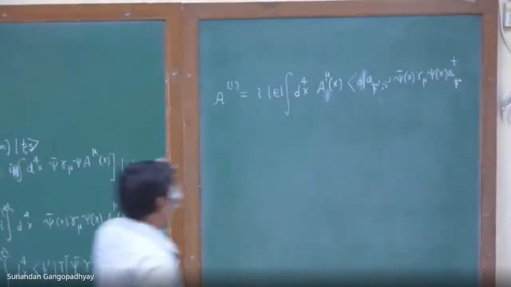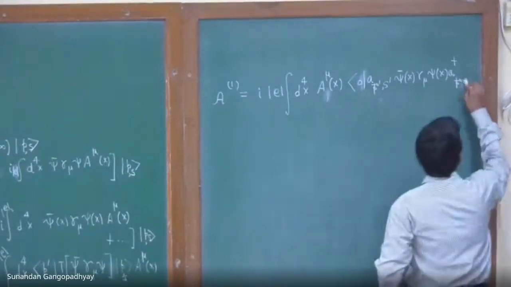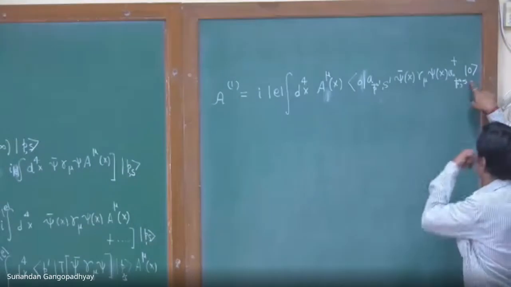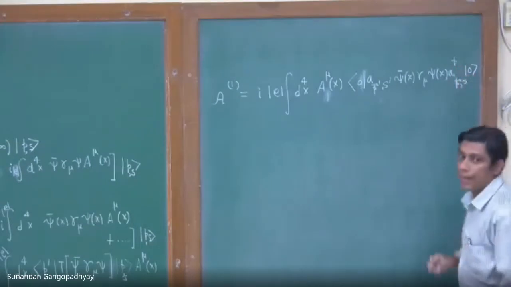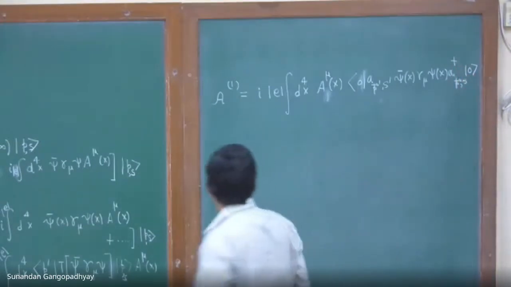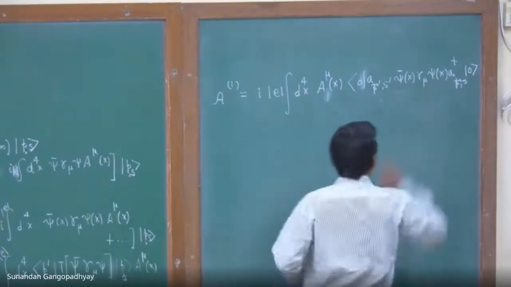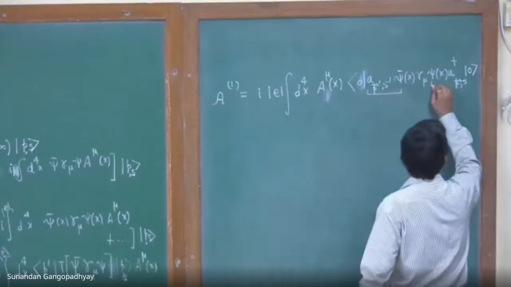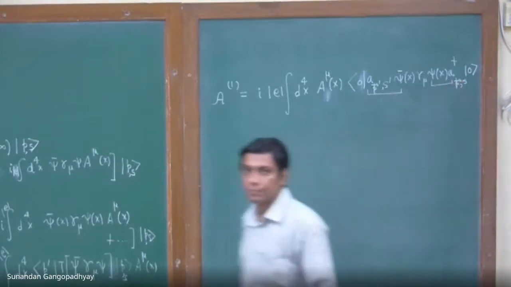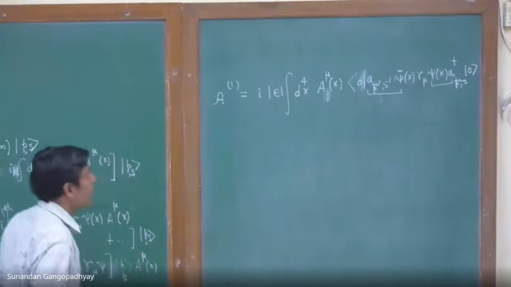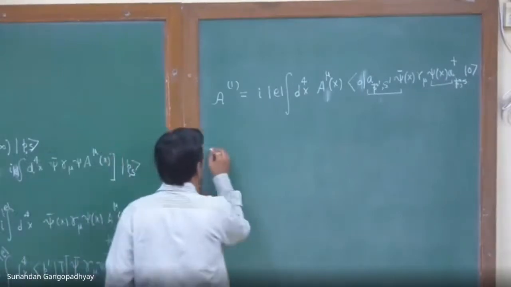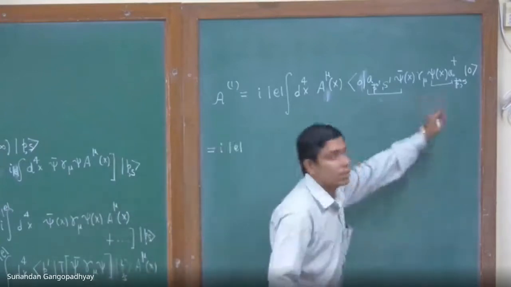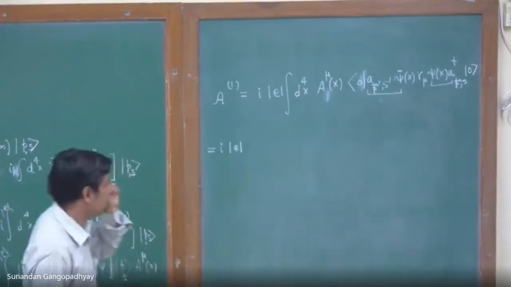If this is okay, you can write the ps state as a dagger of p, s acting on the vacuum 0. Now we have to calculate this thing. It is easy to calculate this contraction and that contraction, nothing more. So these are the two contractions that are important here.